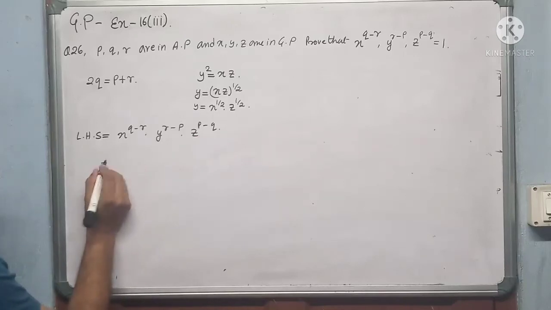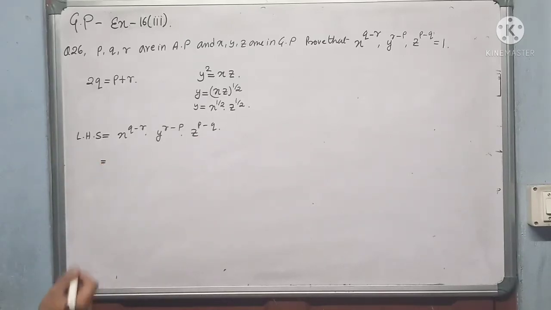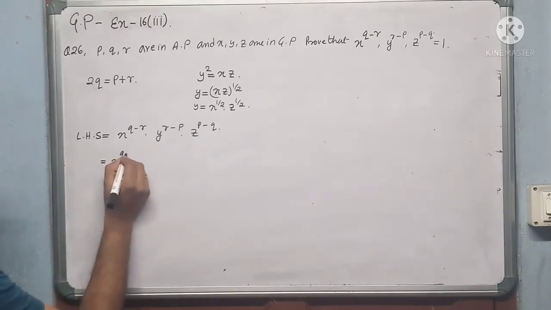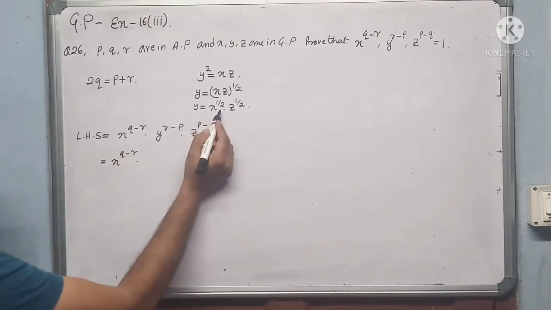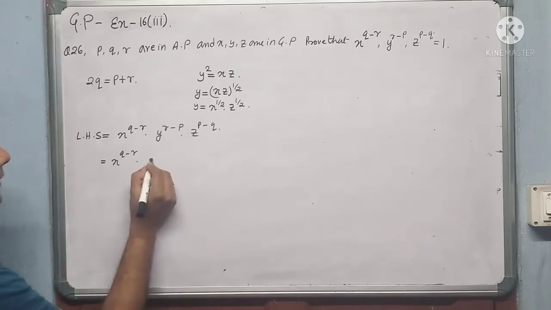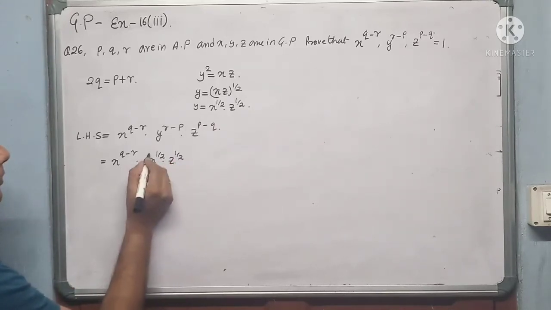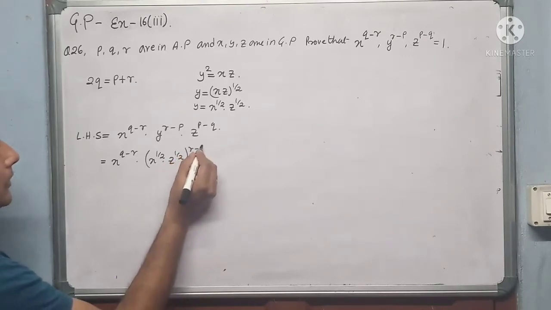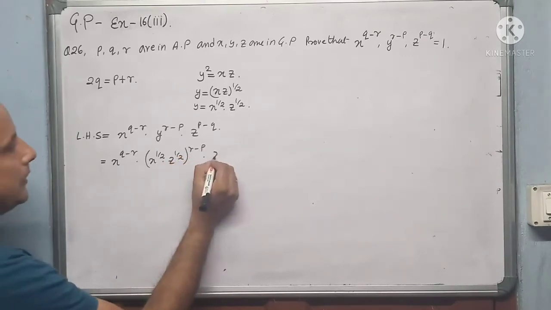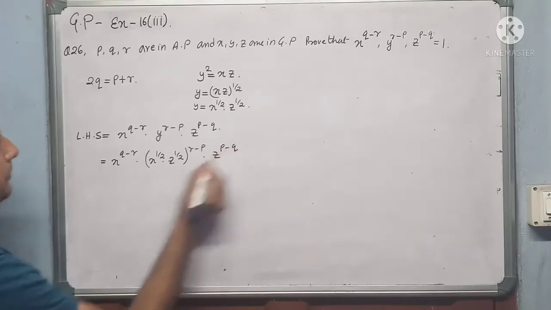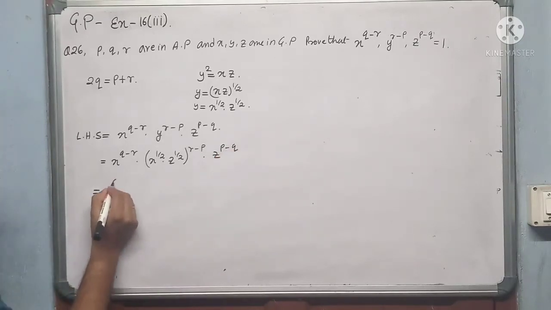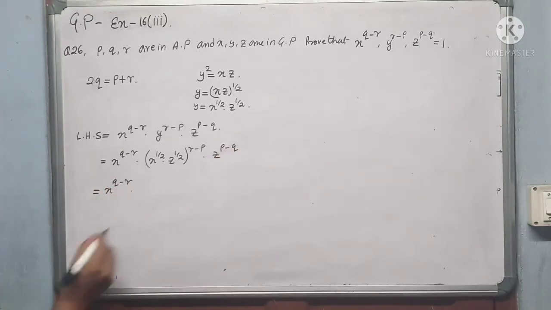Now first of all, I'll convert this Y in terms of X and Z. Then X to the power Q minus R into, I'll substitute the value of Y. Y is equal to X to the power half into Z to the power half, whole to the power R minus P, into Z to the power P minus Q. Then X to the power Q minus R into the index.